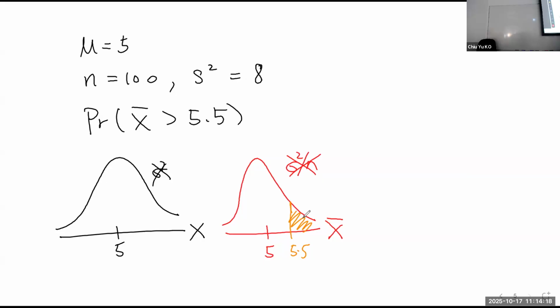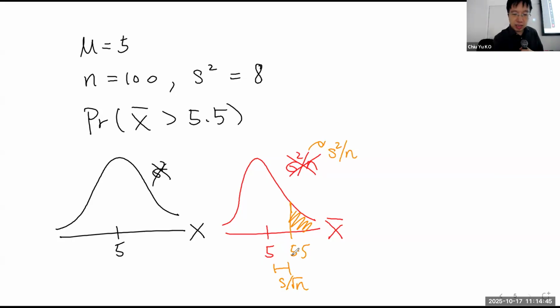So instead of dividing by sigma over root n, you divide the distance by S over root n. Because you don't know this, you replace it by this. Once you replace it, you look at how many SD.